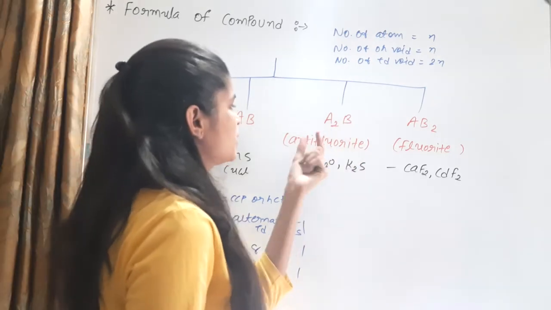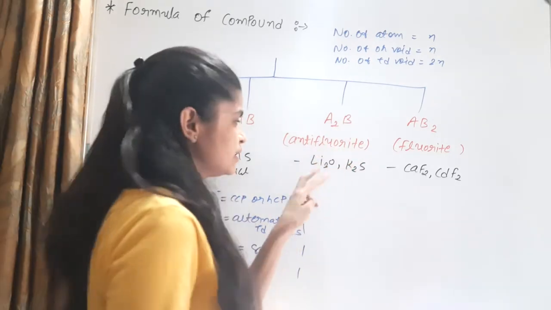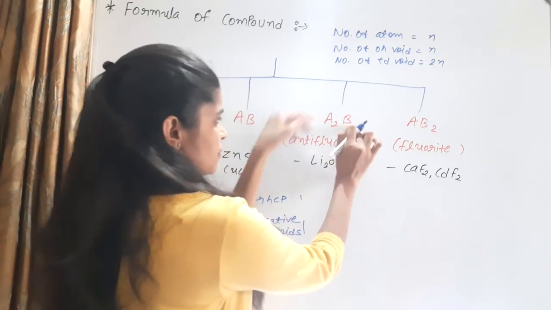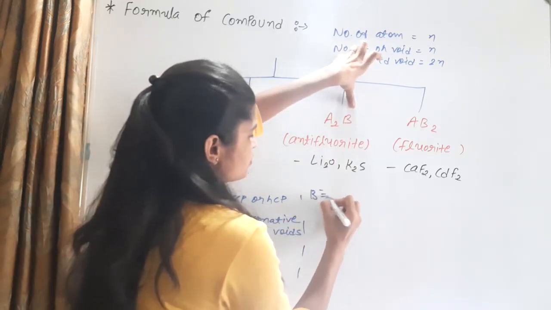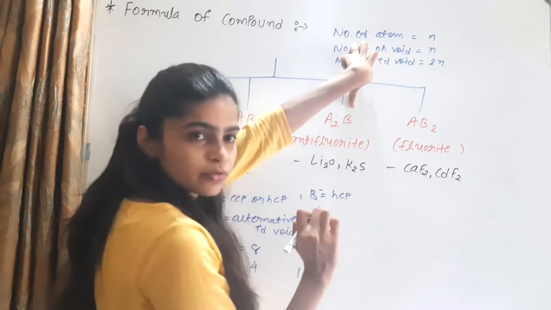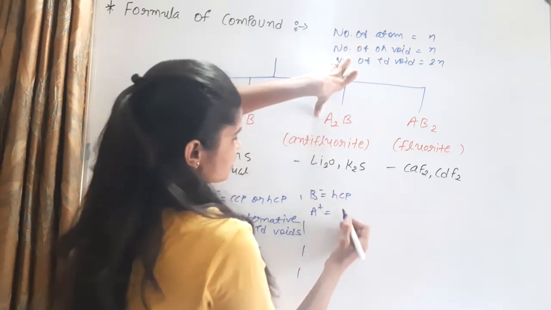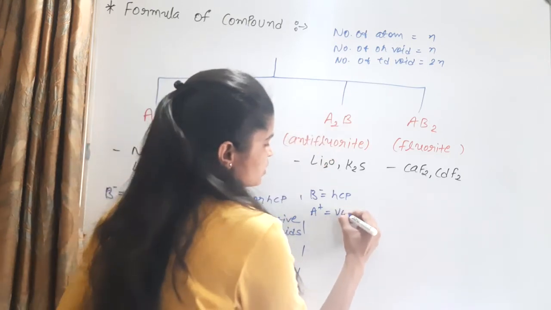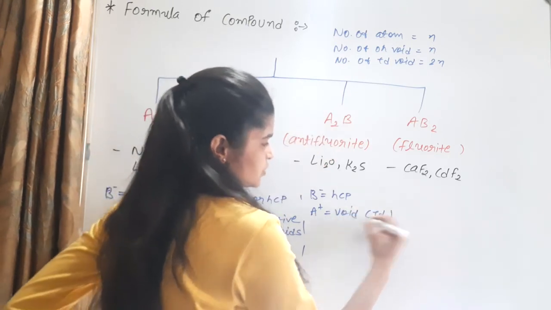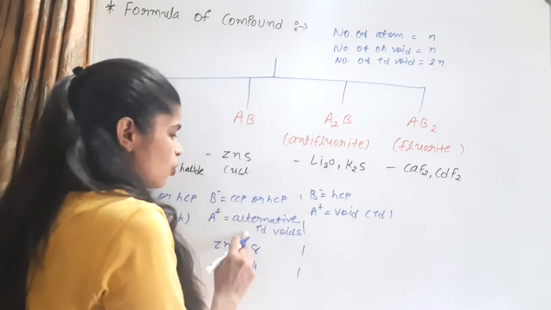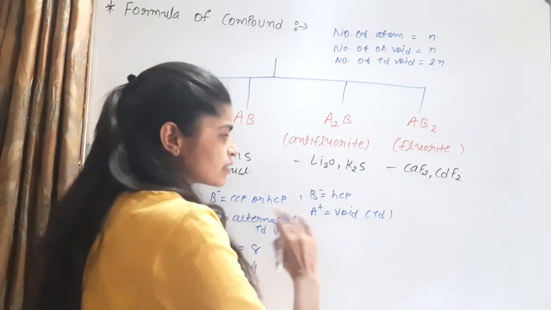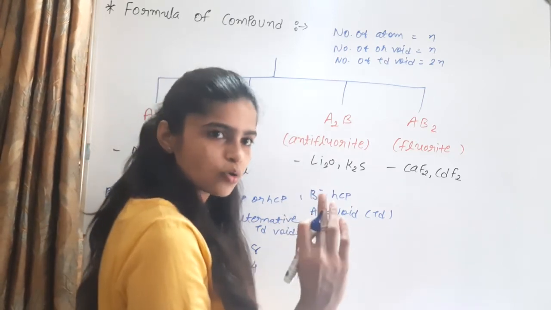Next, A2B antifluoride structure. In the antifluoride structure, B adopts HCP or cubic close pack structure, and A plus occupies the tetrahedral voids. In the previous structure only alternative voids were occupied, but in this structure all tetrahedral voids are occupied.